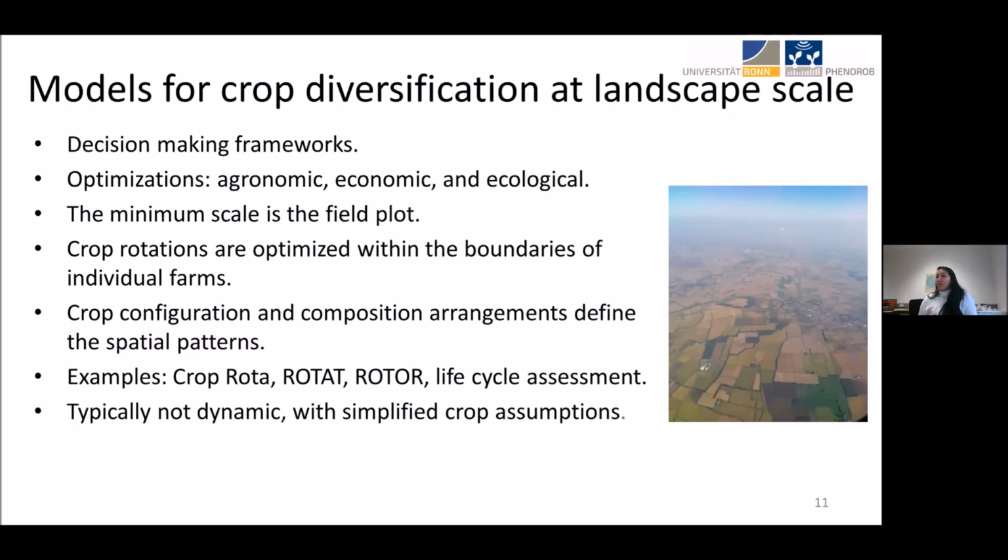And then the crop configuration and composition is going to depend on the arrangement of the crop rotations and their spatial placement. Some examples of these frameworks are CropRotate, ROTOR, and life cycle assessment. And Fruit Fungi, I think, also falls within this category. They are typically not dynamic, and they have simplified crop assumptions.